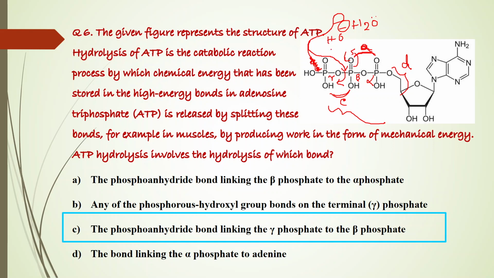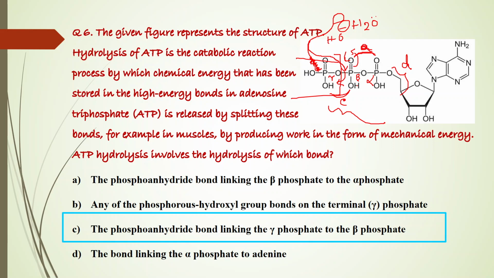So the attack happens at this bond, that is between your beta and gamma phosphate group. Once this OH minus or H2O molecule attacks here, you have your resonance followed by release of this phosphoric acid group, and this other part will get cleaved and be stabilized through resonance. So that is what we learned in case of ATP hydrolysis. So the correct option should have been option C, the bond between gamma and beta.